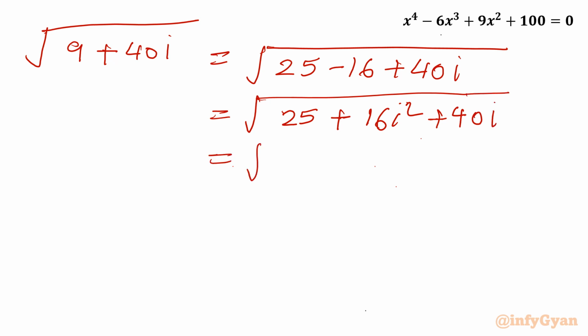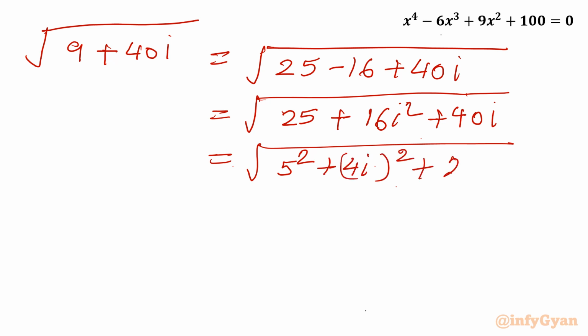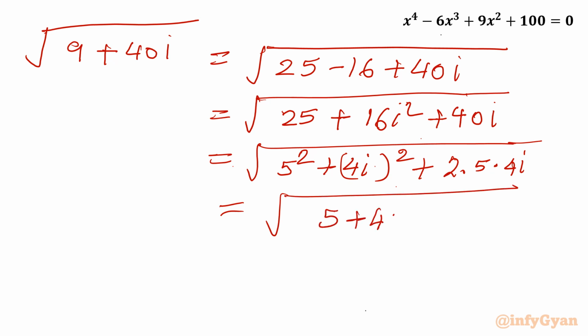Third step, square root, 5 square it is. This is (4i) whole square, and this 40i we can write as 2ab. a is 5, b is 4i. So it is a square plus b square plus 2ab. That means (a plus b) whole square. Square root and square will be over. So 5 plus 4i.